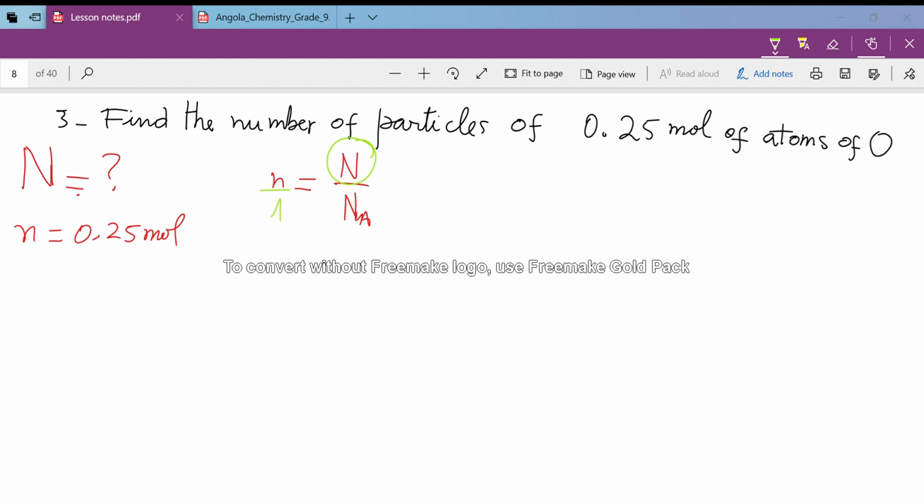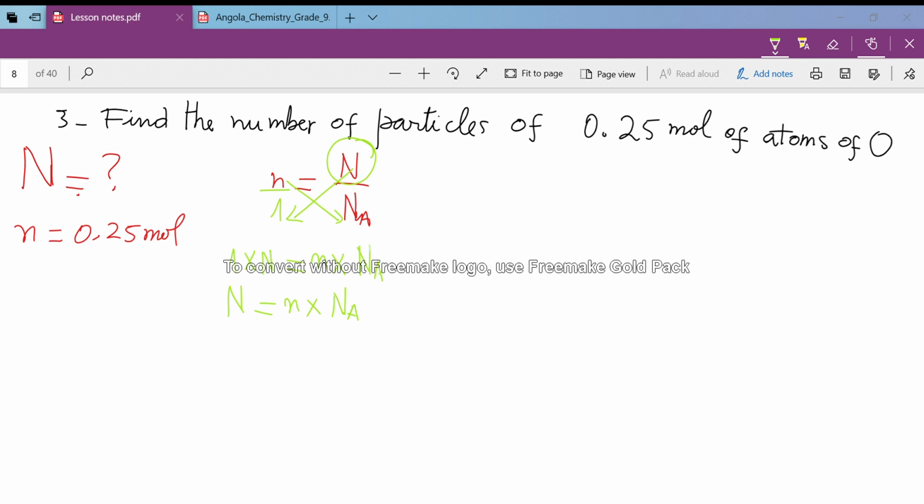So the denominator here becomes 1 and we multiply like this. Cross multiplication will be n times 1, so it'll be 1 times n, and here will be n times Avogadro's number. So the number of particles will be number of moles times Avogadro's number.